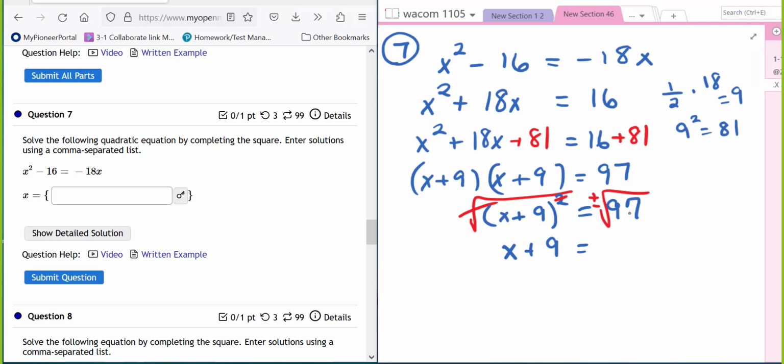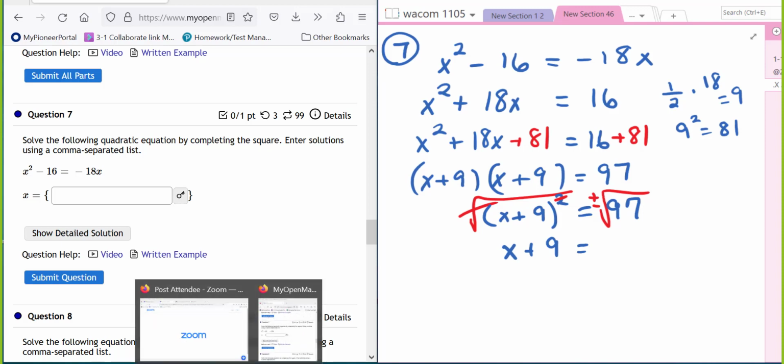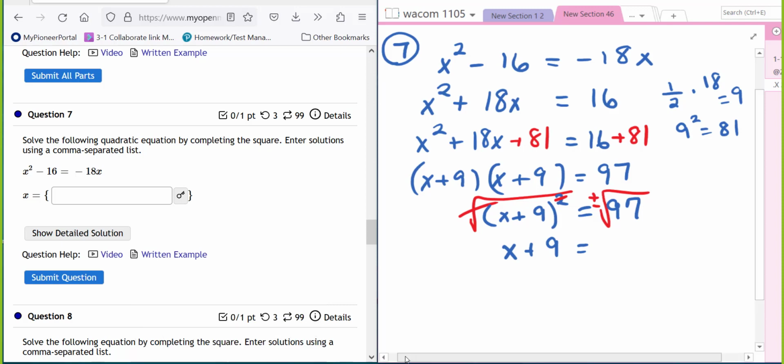I could test it on my calculator. And this calculator is going to switch me to a decimal. So you can scratch that remark about the calculator. There are some scientific calculators that will show you whether it's simplified or not.